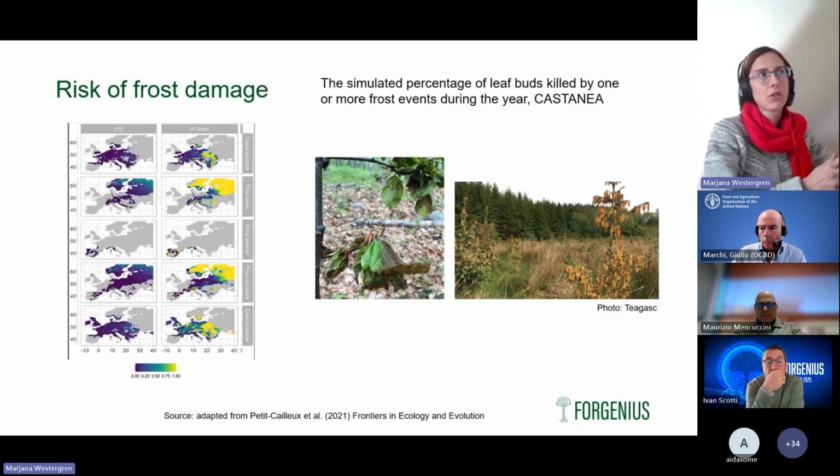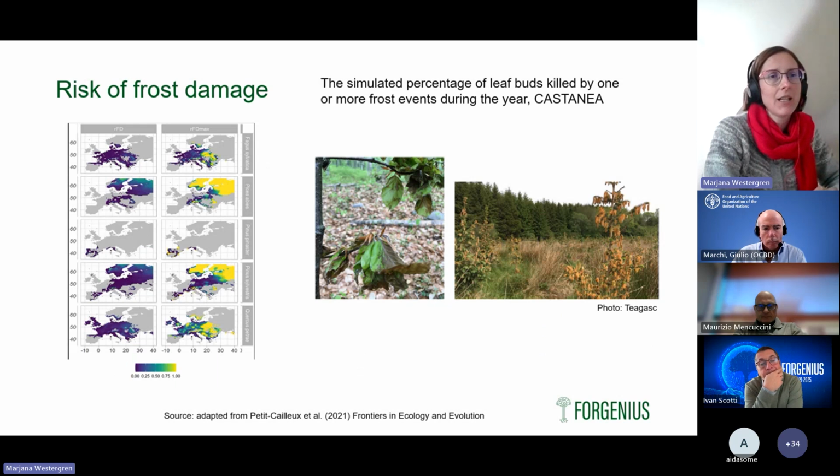And again, a quick presentation of one of the indicators, in this case, risk of frost damage. Risk of frost damage for us is the simulated percentage of leaf buds or young leaves that are killed by one or more frost events during a year, and it is modeled using the Castanea model.